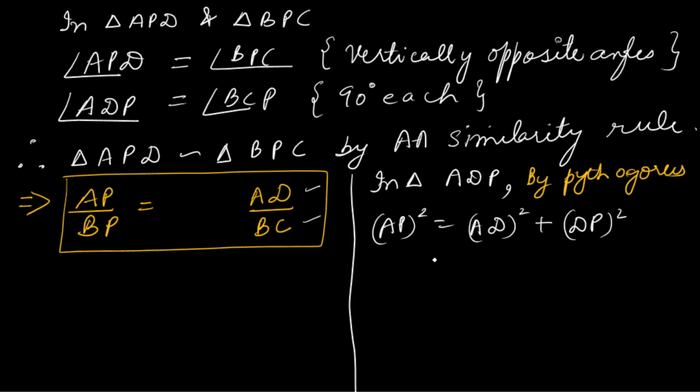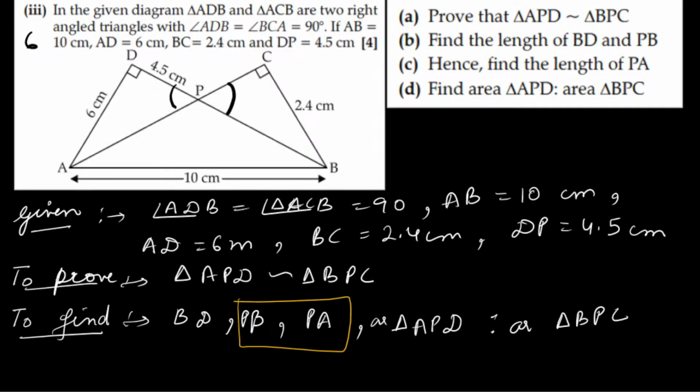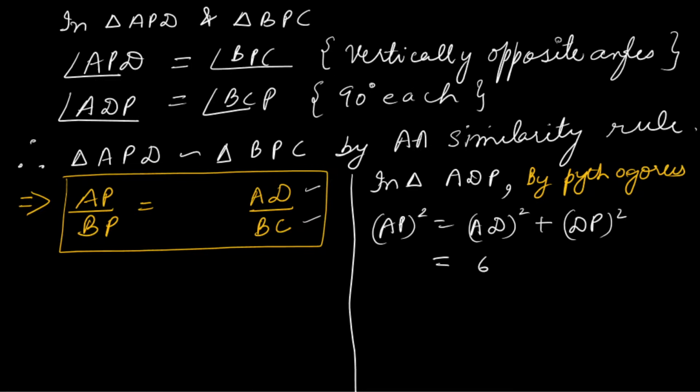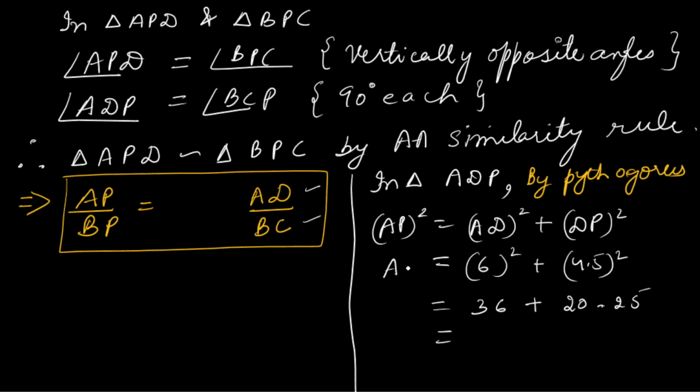Okay, so AP square is equals to AD square. So AD's value is, the value of AD is 6. So 6 square, and the value of DP is 4.5 square. So this is 36. 6 into 6 is 36. So this is 20.25. So if we add, so here AP square.